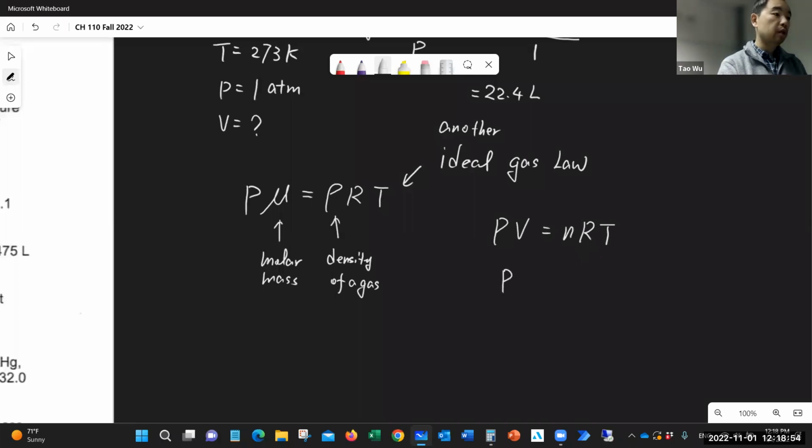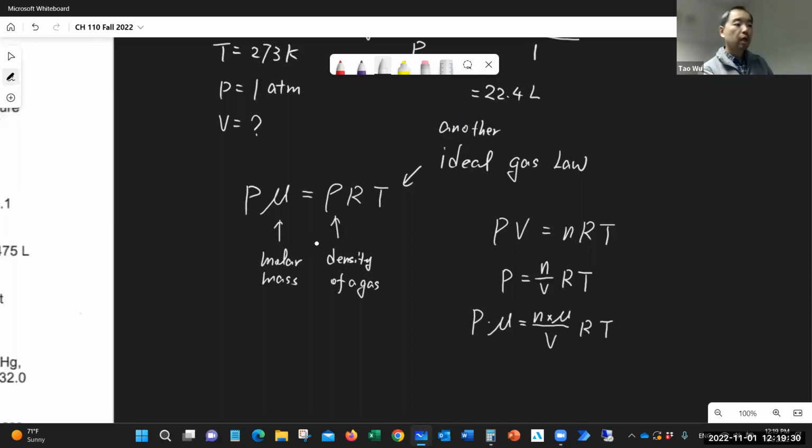You will see the pressure is equal to n divided by volume times R times T. The next step is to multiply the molar mass on both sides. So P times the molar mass of the gas equals the moles times the molar mass of the gas, divided by volume, times R times T.